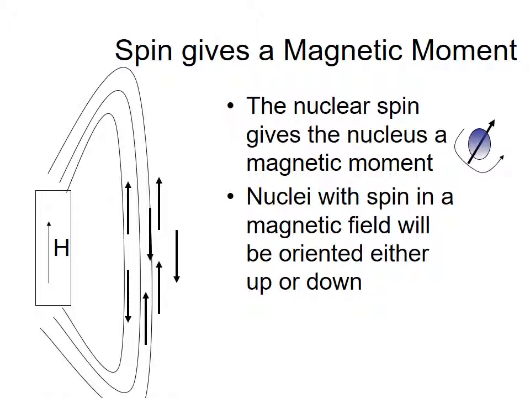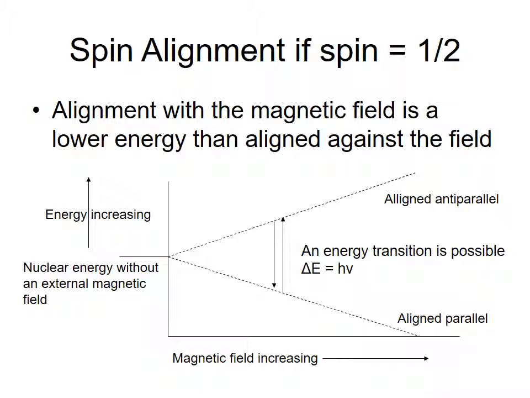When you put a nucleus in a magnetic environment, the nucleus lines up either with or against the magnet that you're applying to it. That gives two different energies because spin aligned is lower energy than spin against. We call that spin parallel or spin anti-parallel.